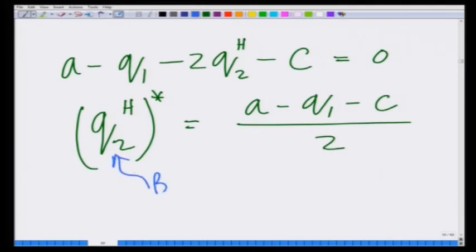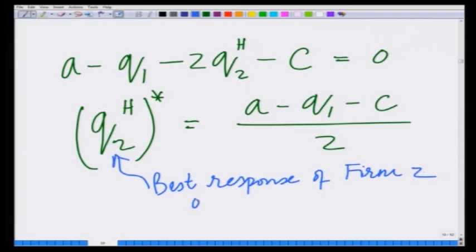What is this q2H star? This is the best response of firm 2 of type H. So, the best response q2H star of firm 2 of type H is A minus q1 minus C divided by 2 as a function of the quantity q1 provided or manufactured by firm 1. So, what have we done?